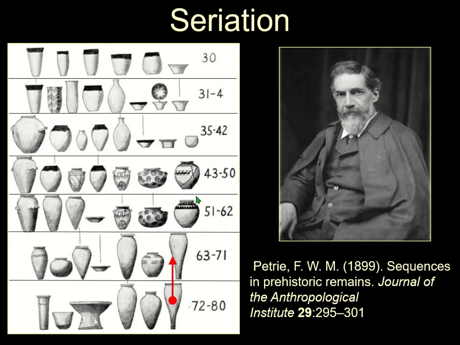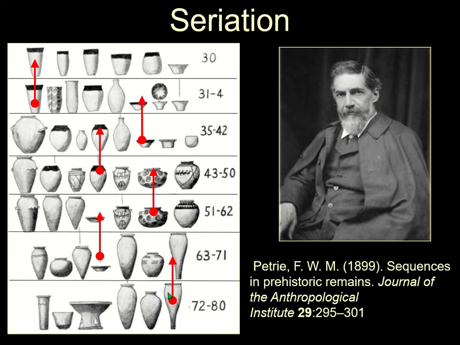And he found that it does. That one type of pottery will go into another tomb or another period, but other ones will die out. And so he was able to put all these strips of paper with drawings on them in order. And this is actually a real thing. This is actually what happens.